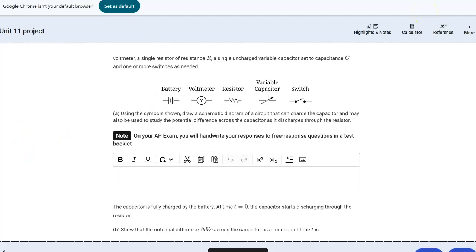Draw a schematic diagram of a circuit that can charge the capacitor and discharge it. Okay, well, we're going to have our battery here, and we're going to have it charge. So then we're going to have our switch right here.